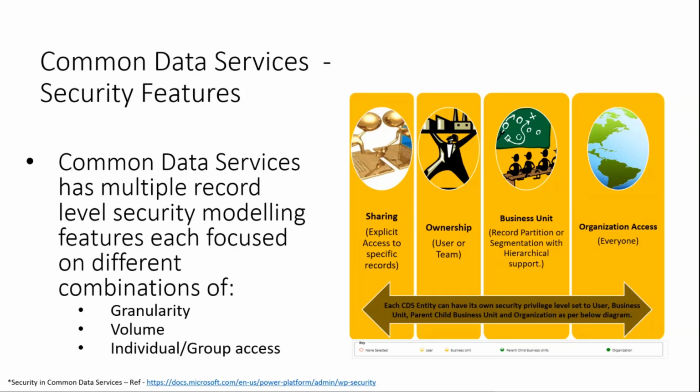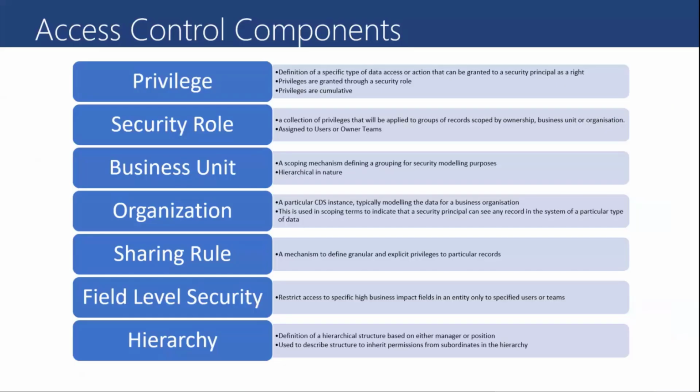So how do we go about building all these advanced security features within the CDS product? The first is privileges. You can think of privileges, in simple terms, as being used to identify whether an entity, or an artifact, has create, read, update, share, append.